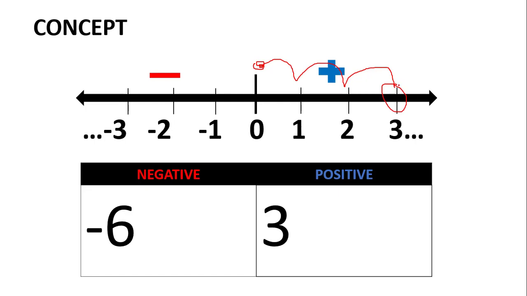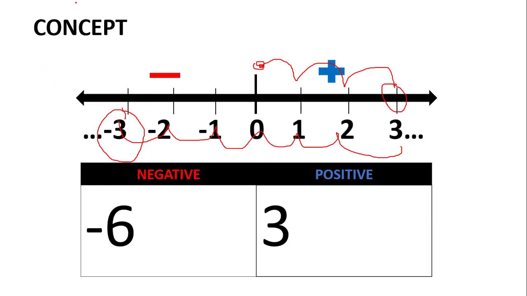Yung bahay nila is 6 kilometers mula sa school nyo. So, naglakad kayo ng 6 kilometers papunta sa bahay nila. We have 1, 2, 3, 4, 5, 6. Dito tayo ngayon sa point negative 3.